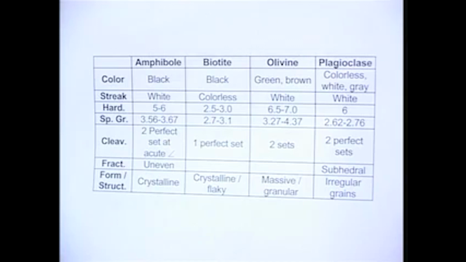So we begin with the mafic ones, the dark colored ones. The ones that we talked about in the class were amphibole, biotite, olivine and plagioclase, and the basic characteristics of these minerals are listed in the table there.